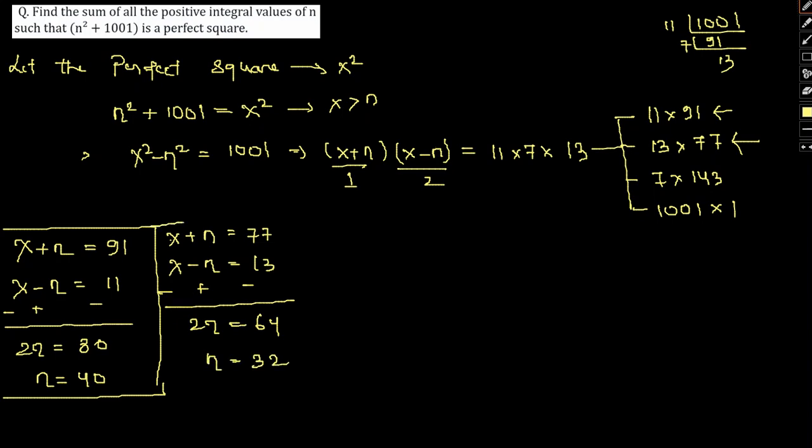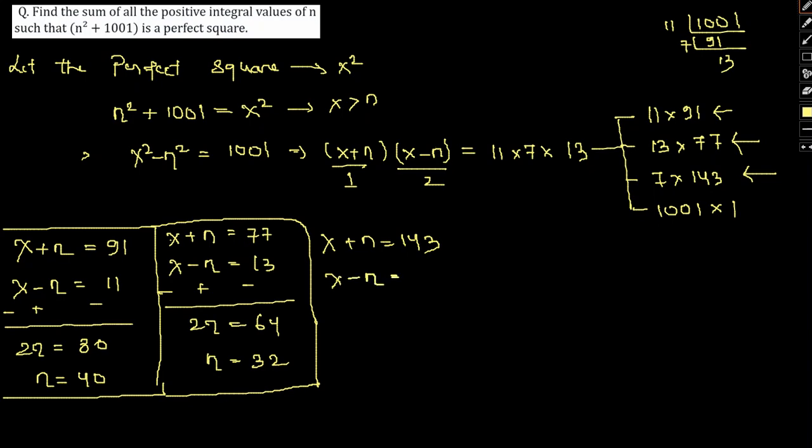Our second value for n. Taking x plus n now equal to 143, x minus n equal to 7, twice n will be 136, or n can be written as 68.